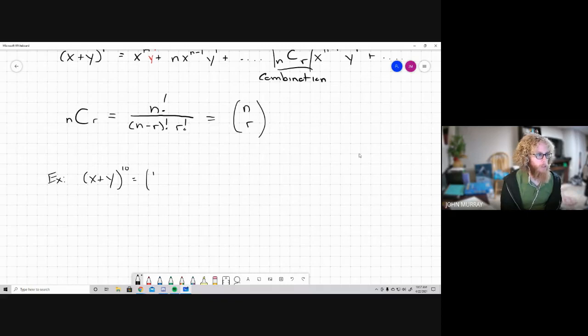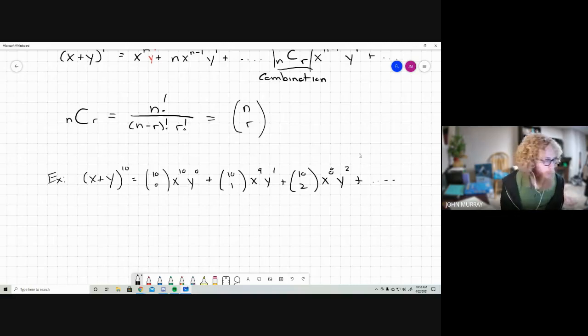So the first one is going to be 10C0, x to the 10, y to the 0. Then we're going to have 10C1, x to the 9, y to the 1. And we're going to have 10C2, x to the 8, y to the 2, and it'll continue like that.